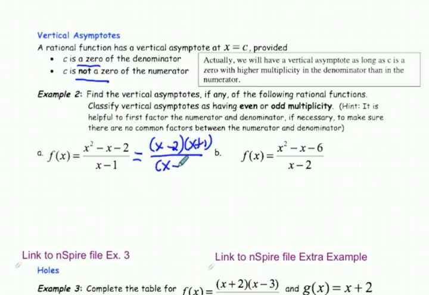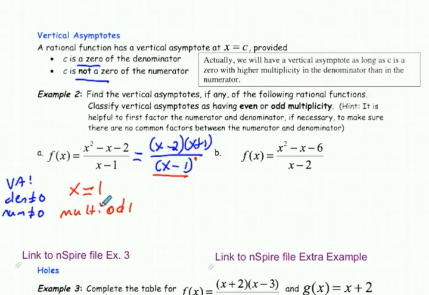I'm looking for values that make the denominator 0, but the numerator is not 0, or the numerator has a lower multiplicity than the denominator. So my vertical asymptote comes from this factor right here. My vertical asymptote is the equation x equals 1, and the multiplicity, this is first power, is odd. Once again, we're going to discuss what multiplicity does when we start graphing functions next week.